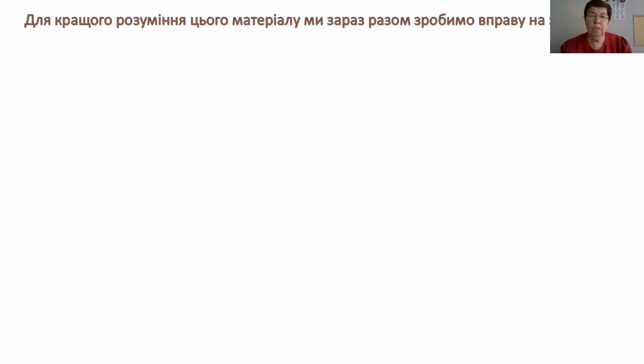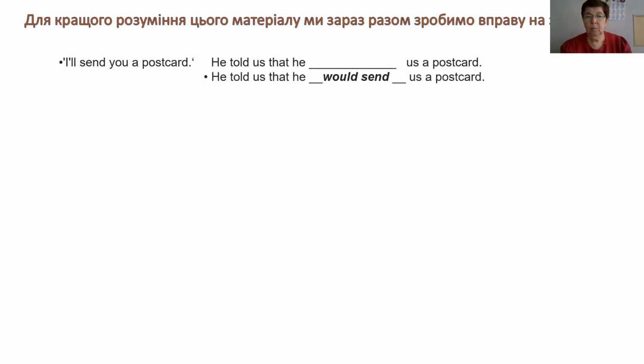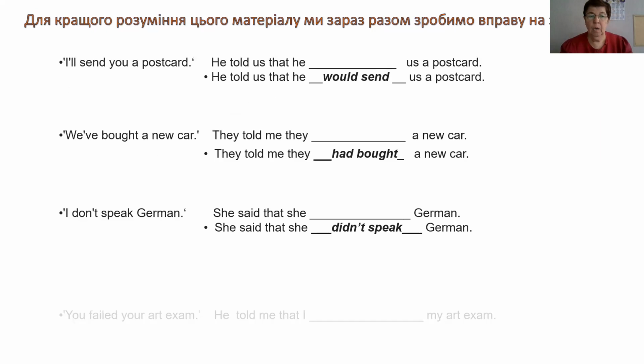To make a better understanding of this grammar material, we shall now do an exercise. I will send you a postcard. He told us that he would send us a postcard. Future simple changed into future in the past.